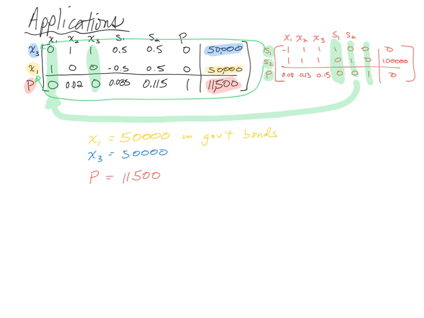And then x sub 2 was the amount in mutual funds, which you can see there isn't any in mutual funds. And x3 is the amount in money markets. And this is the answer. This is how much money should be put in each account. $50,000 in government bonds and $50,000 in money markets.